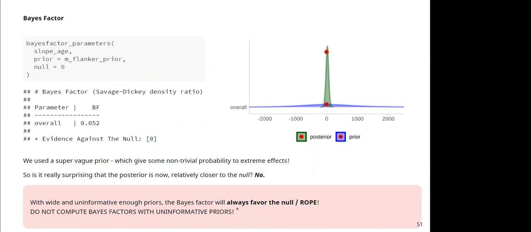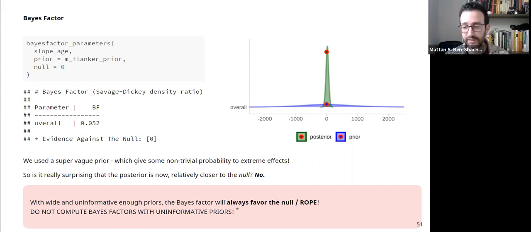So that's that. About JASP, the Bayes factor that is computed in JASP is a Bayes factor for comparing between models. It's based on marginal likelihoods, which I didn't talk about here at all.